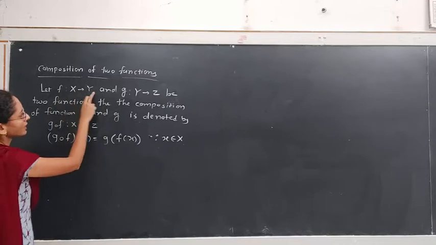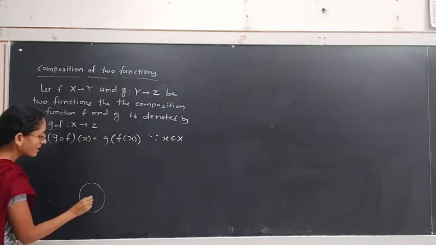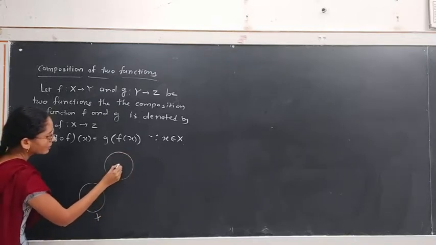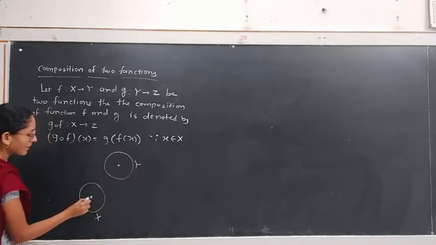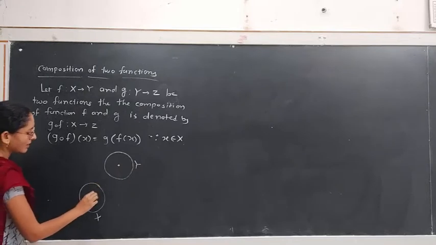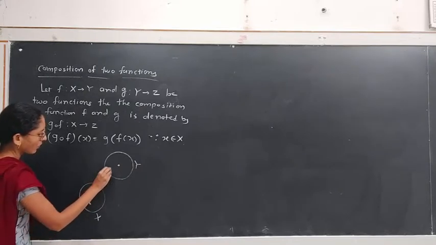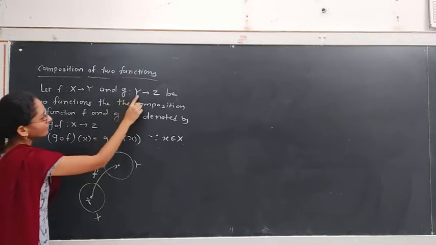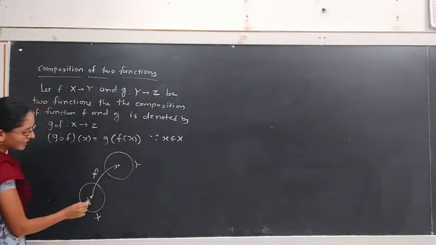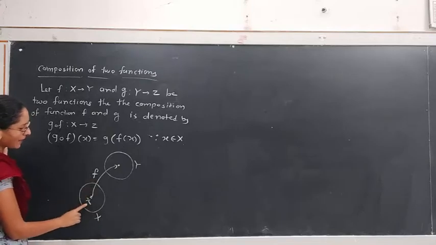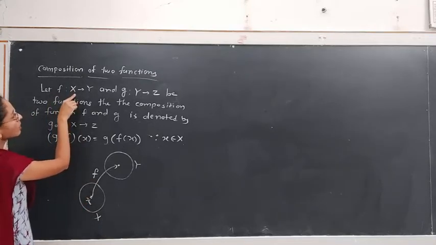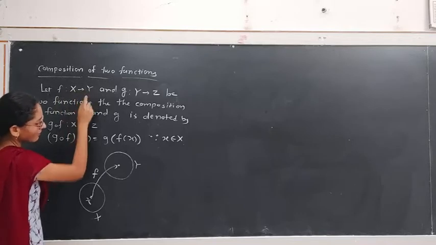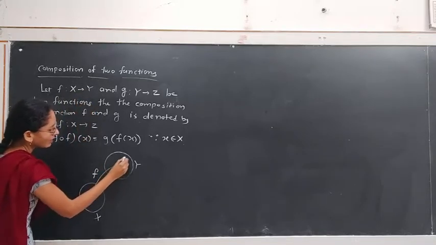Initially, we have two functions f and g. f takes the value from this set X and sends it to an element of set Y. Suppose this element x belongs to set X, then f is a mapping from X to Y. f is a function from X to Y. This is function f. g is a function from Y to Z. If this point is x, then this point will be f of x.